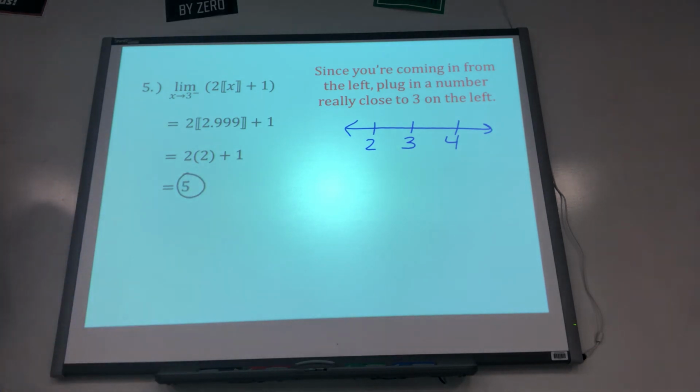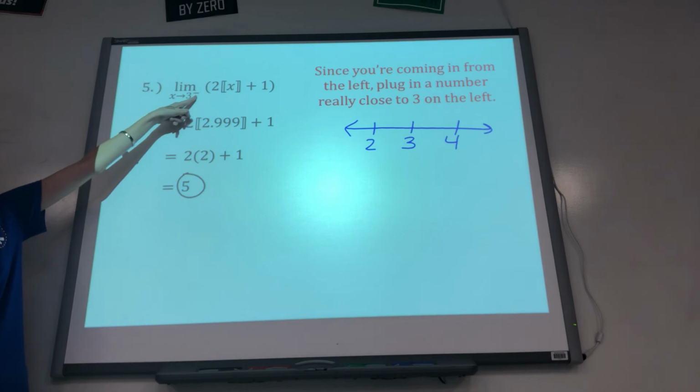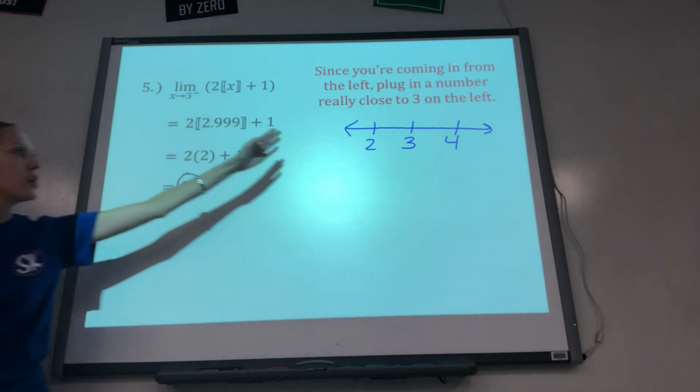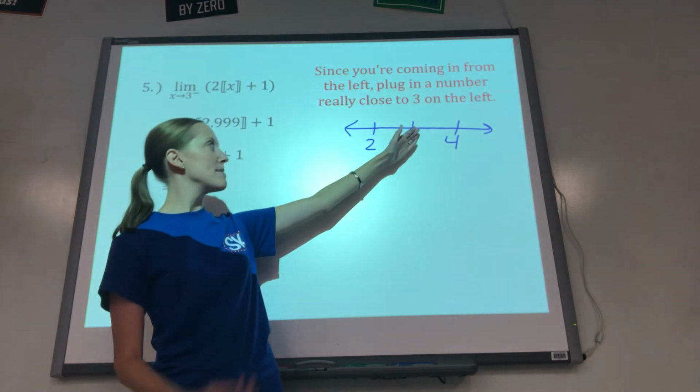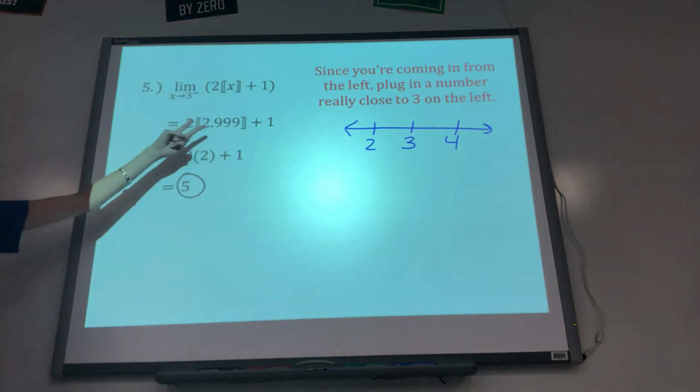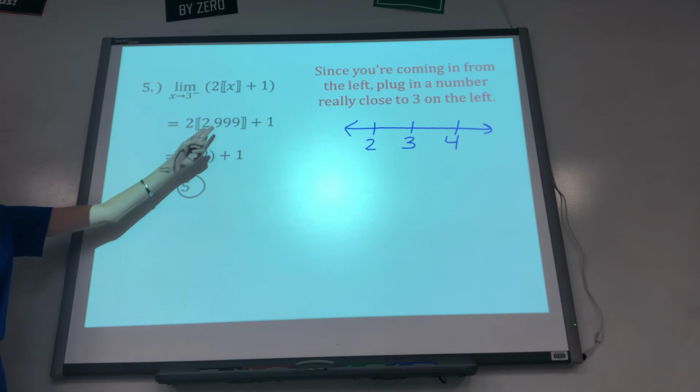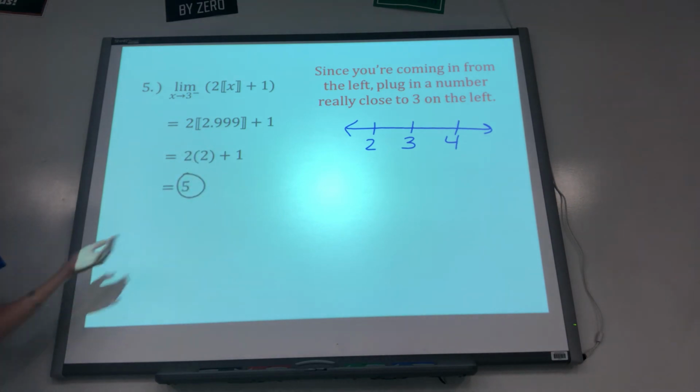That would be our limit. If we were coming in from the right, I would have plugged in like a 3.1 or 3.01, something like that, and I would have gotten back a 3 right here, and then I could just simplify. So it depends on which direction you're coming in from. Any questions about how that works?